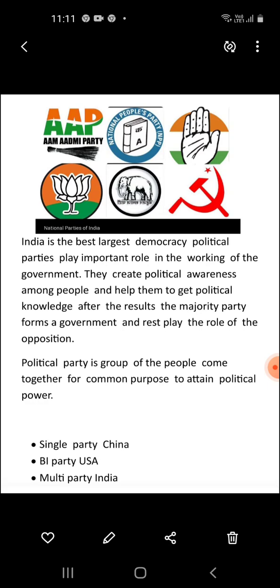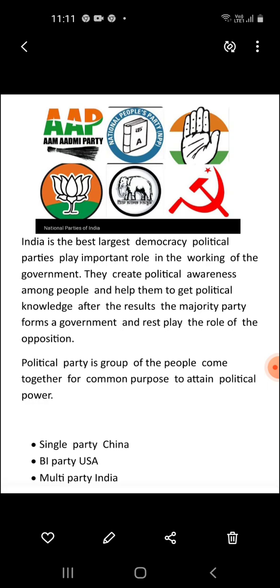Now let's see what is voting. Voting is nothing but a simple process by which people choose their representatives. The word voting is derived from the Latin word votum, which means expression of will or a choice. Earlier, the voting age was 21 years, but after the 61st Amendment in the year 1989, it was reduced to 18 years.